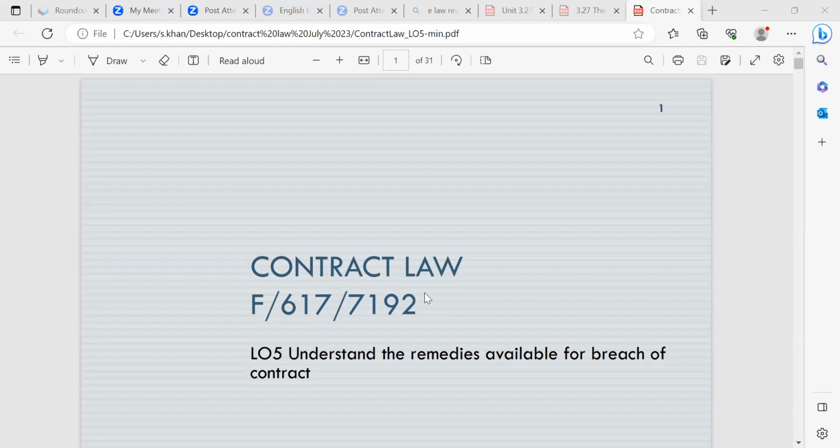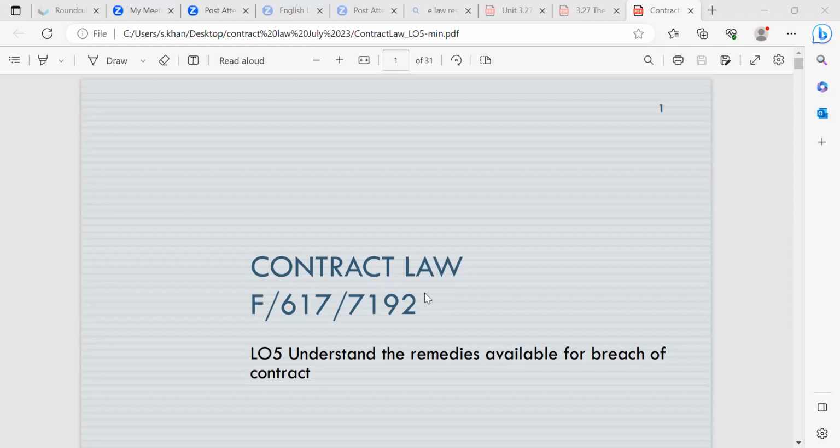We also then, in learning outcome 4, looked at understanding how a contract can be discharged under duress. We also looked at the different ways a contract can be terminated, like performance, agreement, breach of contract, by law, frustration, and we looked at cases again in regards to how a contract can be discharged.